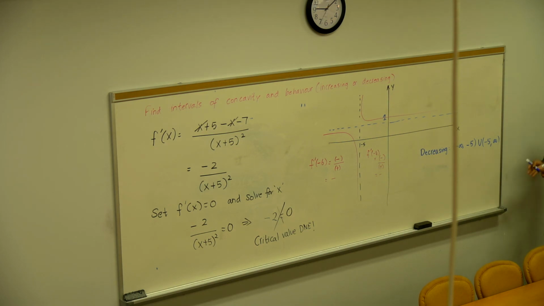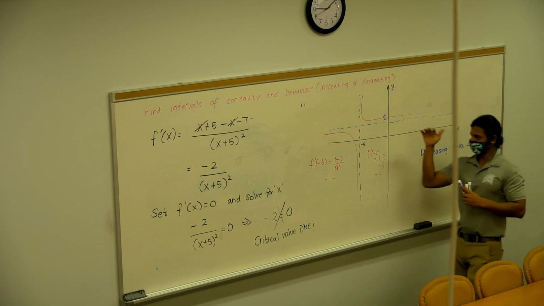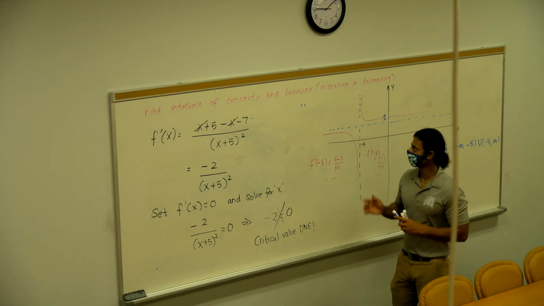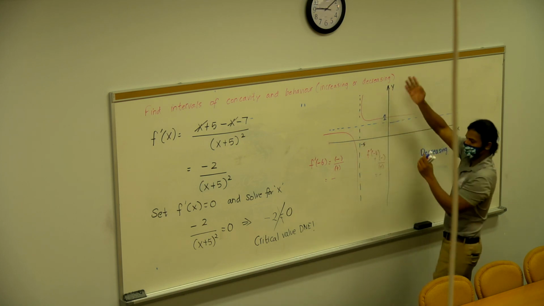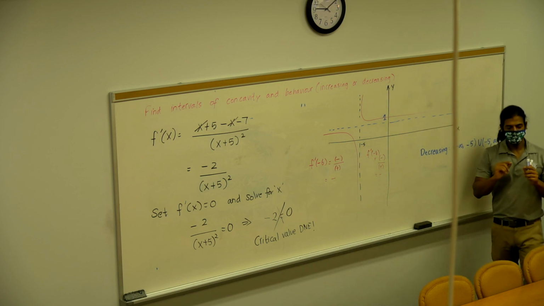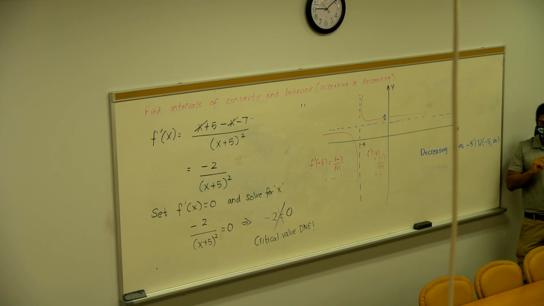Do we have to find the second derivative and torture ourselves? No. It's pretty obvious. It sort of is going like that, which means it's concave down. It's going like that, so it means concave up. Key thing to remember is we don't necessarily want to have a U shape for us to call concave up or concave down.